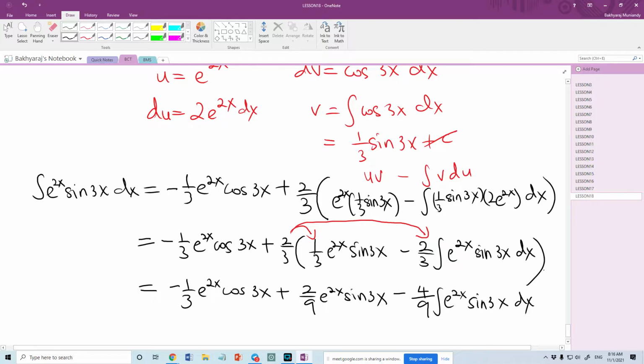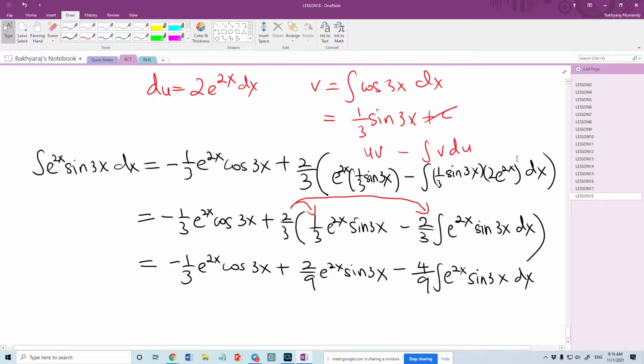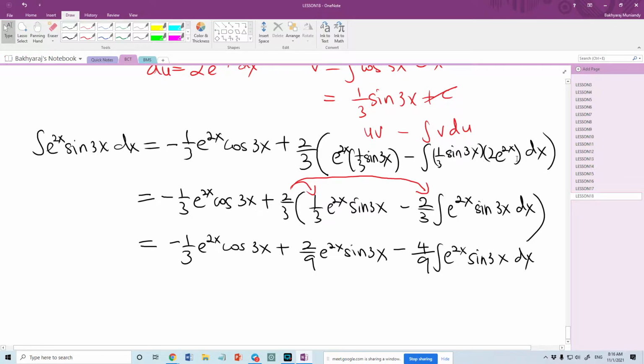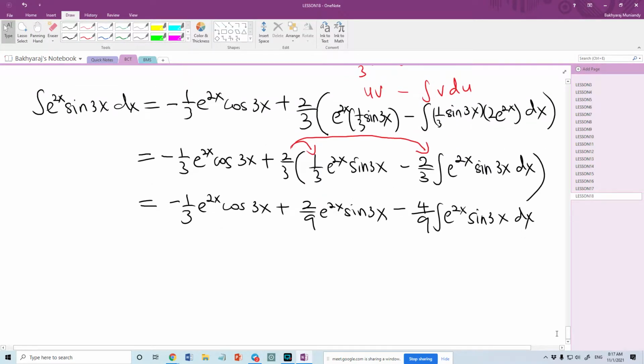Okay, so we are almost close to the answer. But you may ask me, we still have integration. What are we going to do with the integration? This is the very interesting part that we need to understand. Let me show you the last answer. Look at this.